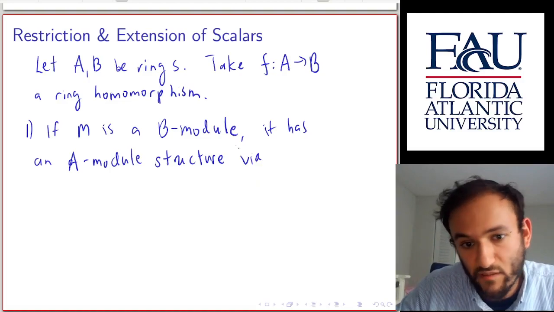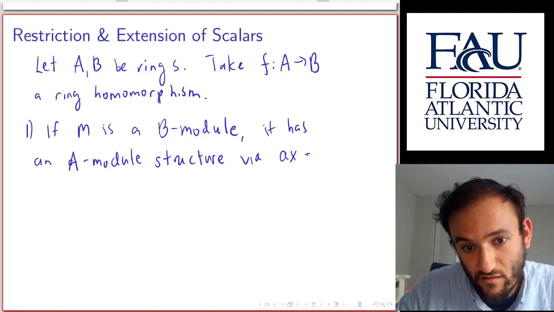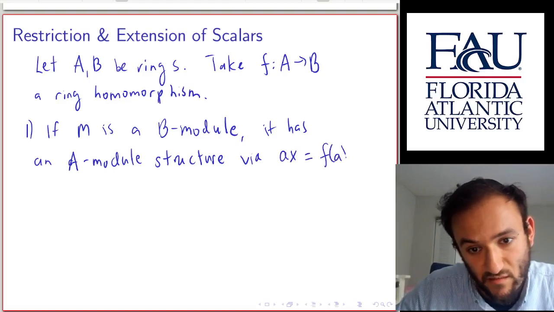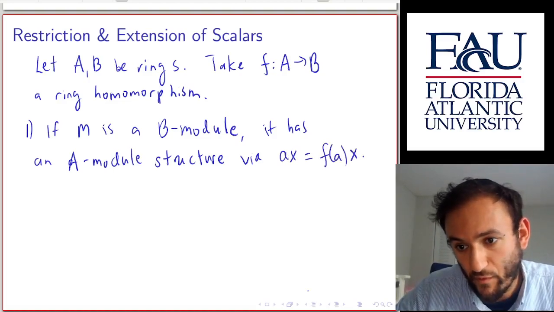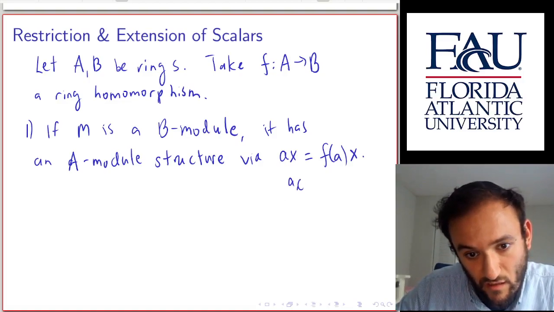And you define the A multiplication simply as B multiplication, but you just pass to B first. Okay, because if a in A and x in M.